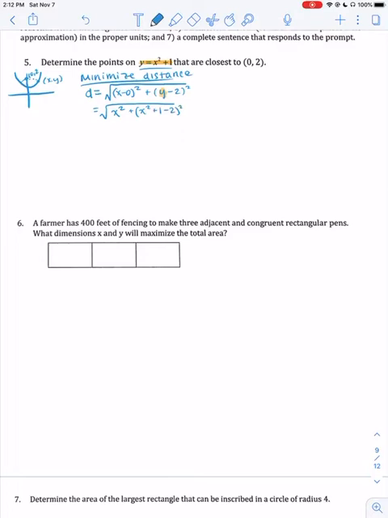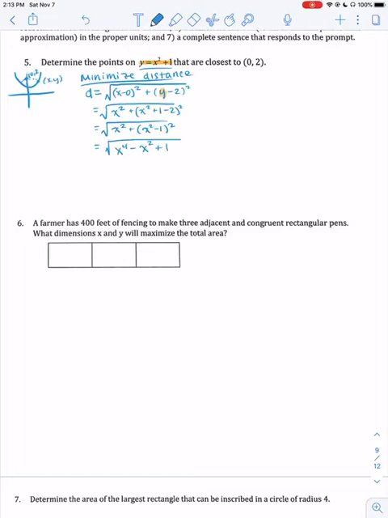And so now we are ending up with this x squared plus the quantity x squared minus 1 squared. And then you can multiply that out, and you should end up with the distance is the square root of x to the fourth minus x squared plus 1.